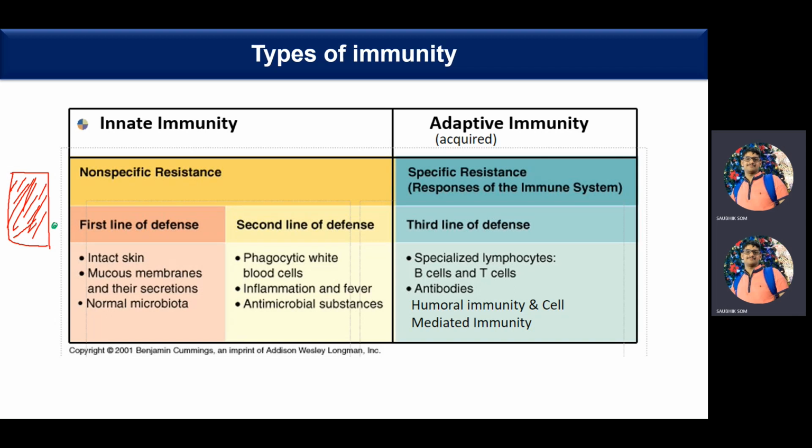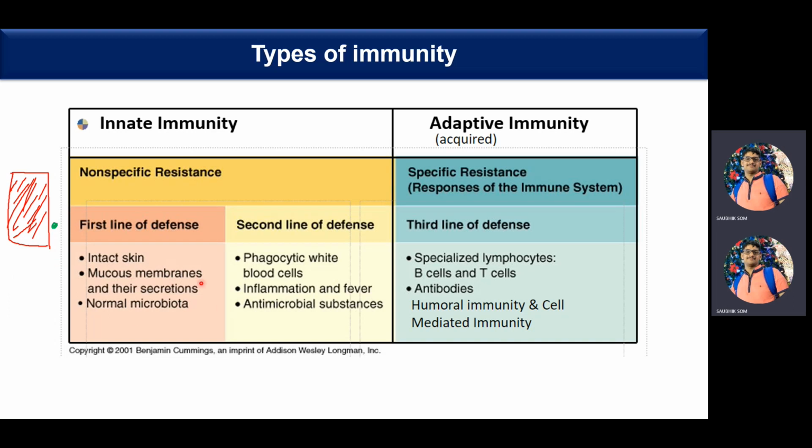If the bacterium wants to enter, it has to pass through this thick skin barrier. So skin itself is part of the defense. With respect to bacteria, you can think of it as the wall of our house: you have to cross a thick wall to go inside the house, correct?